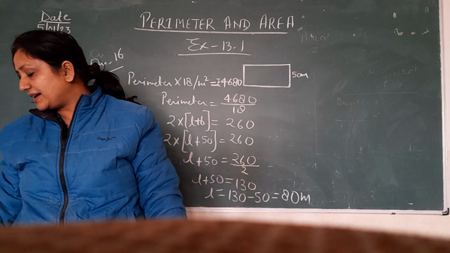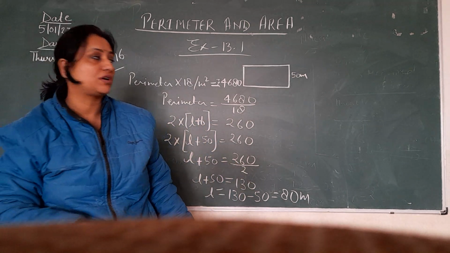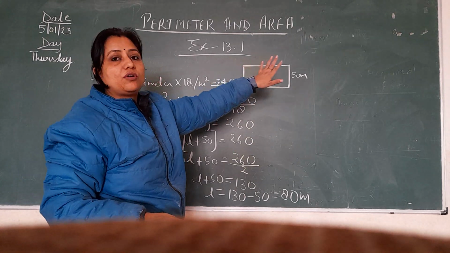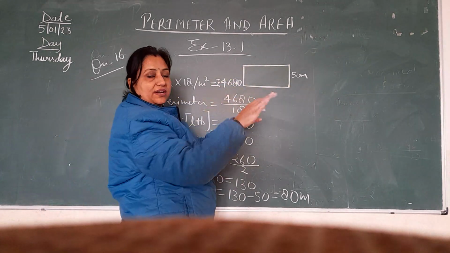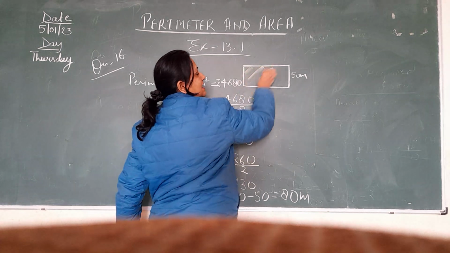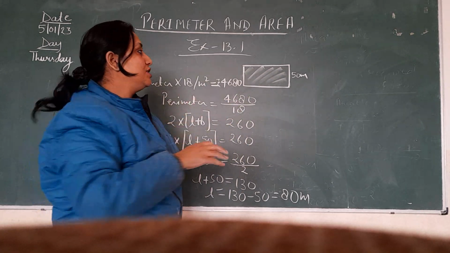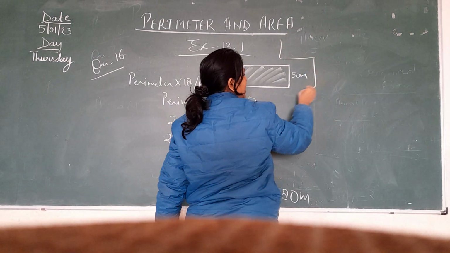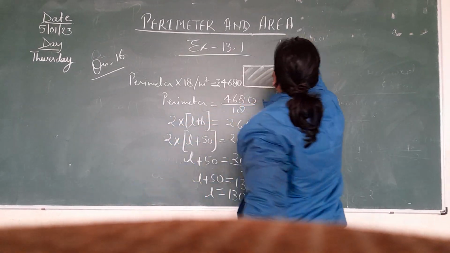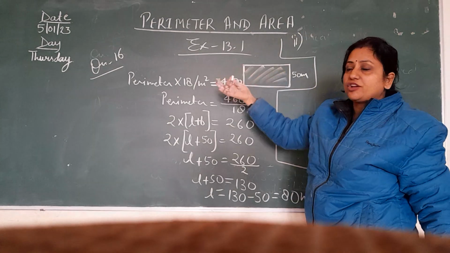Now the second part is the cost of leveling the plot. Suppose हमें इस plot को level करना है, मतलब equal करना है, तो level किस पे करना है, area पे करना है इस plot के. So it means we'll find out the area. In the second part, first of all, we'll find the area of this plot.